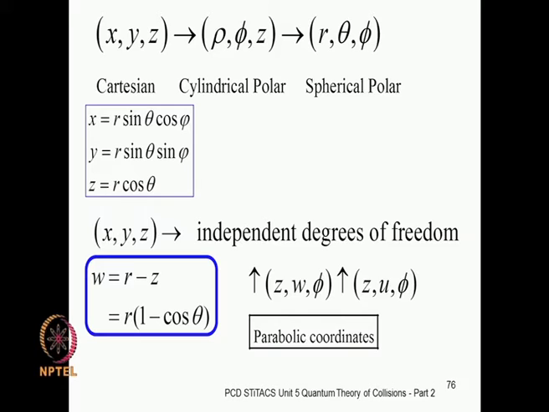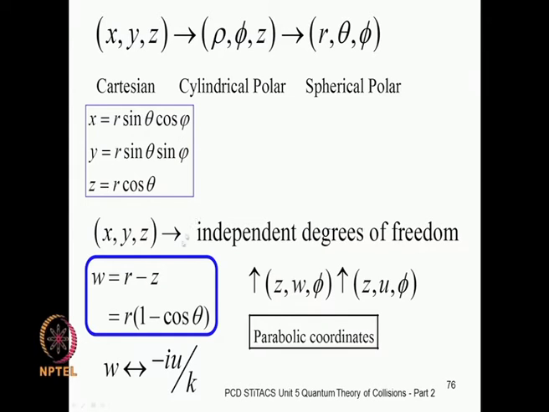This is the relationship over here, and here w is expressed in terms of z, which is what you observed. But z itself is just r cos theta, and what you have effectively done is express w in terms of r and theta. So, there is nothing absurd or mysterious about it, because you always express, like in this box you have already expressed x in terms of r, theta, phi.